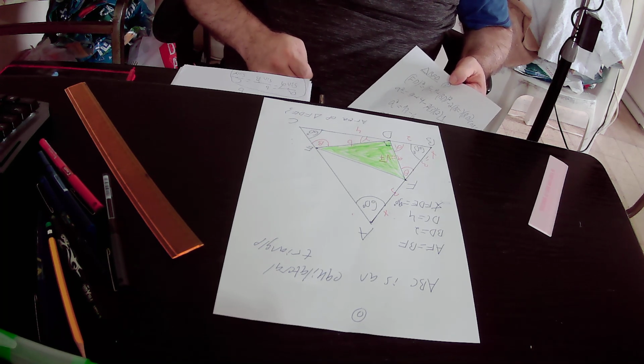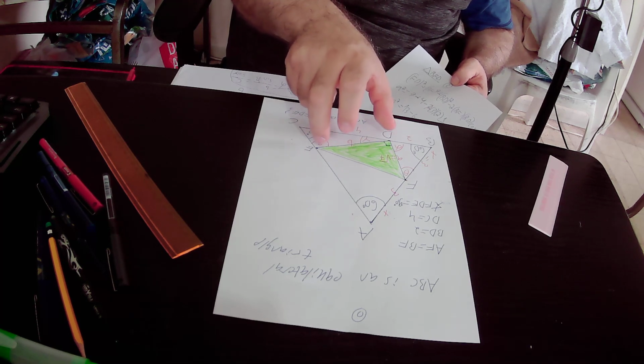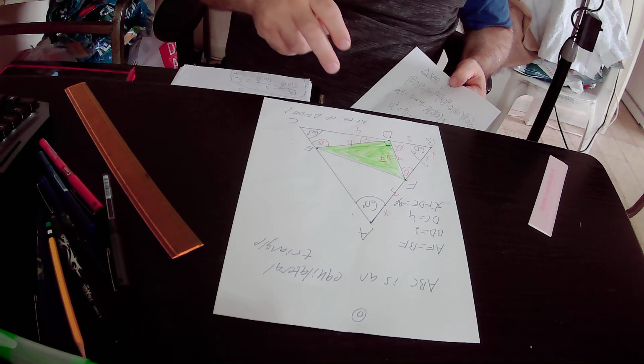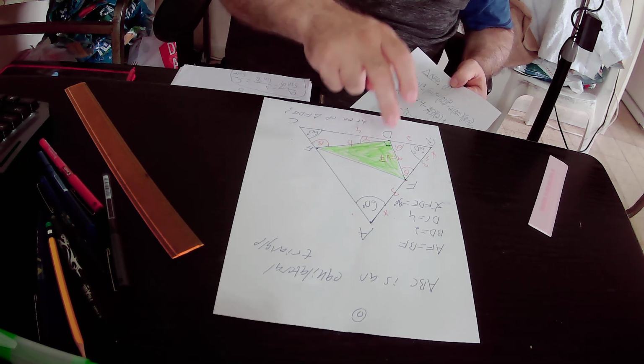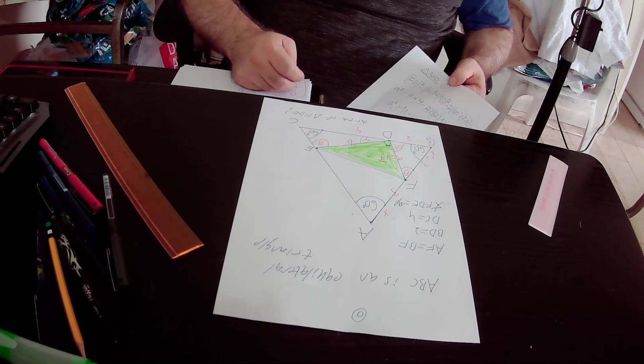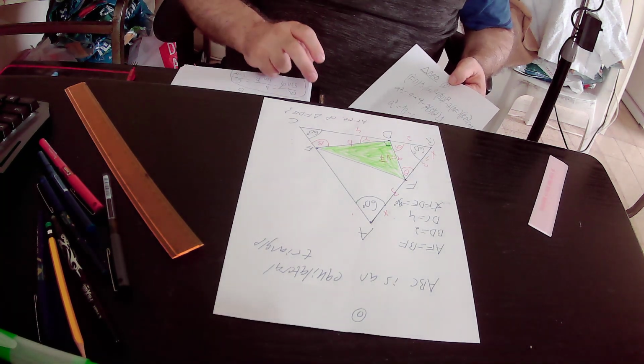So what is left is to find the other side B of the green triangle, and because the green triangle is a right triangle, the area of the green triangle will be B times A over 2.